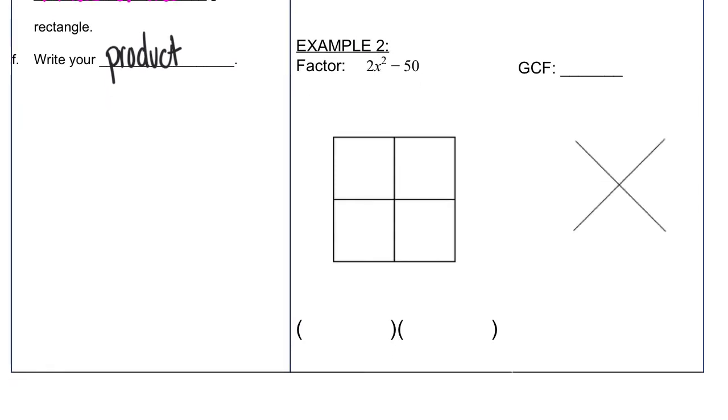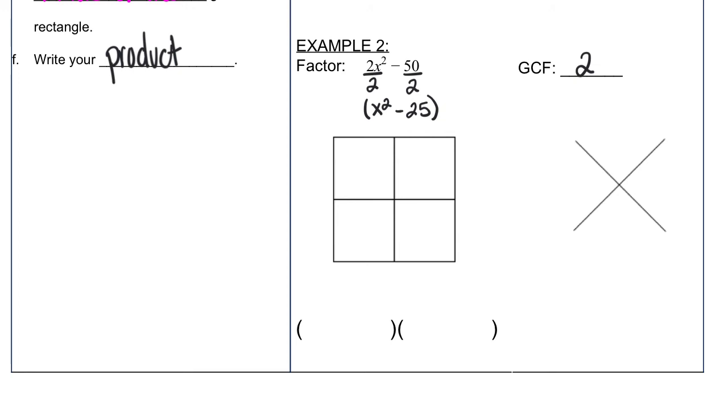So the first thing that we're going to want to do is look for the GCF. As I'm looking at this quadratic expression, I'm noticing that the GCF for this would be 2. 2 multiplies into 2x squared, and 2 multiplies into 50. I'm going to go ahead and divide this by 2. And that's going to leave me with a new quadratic expression of x squared minus 25.